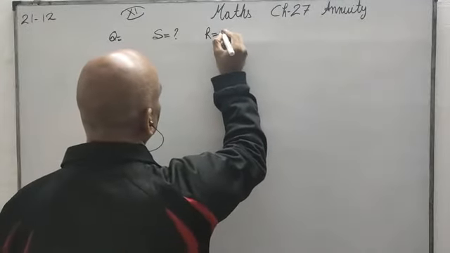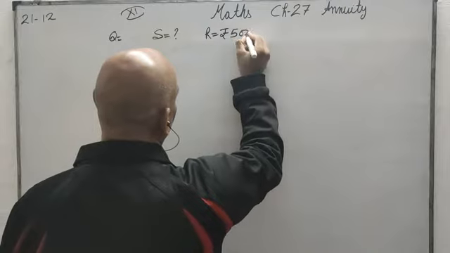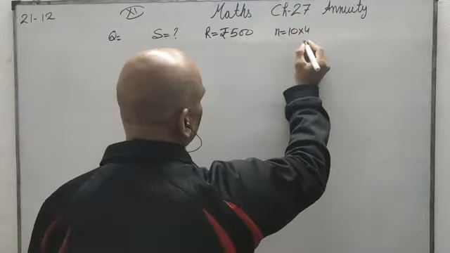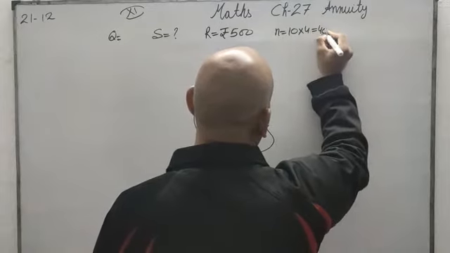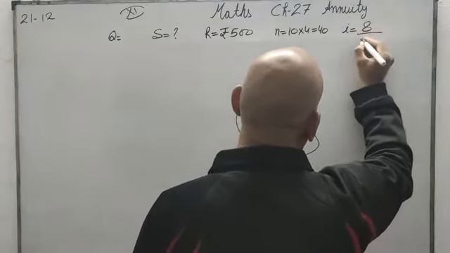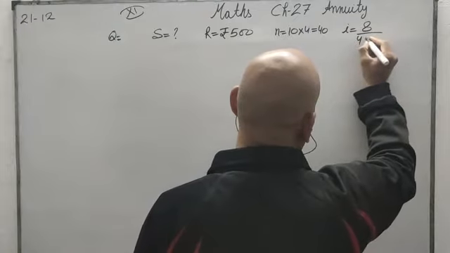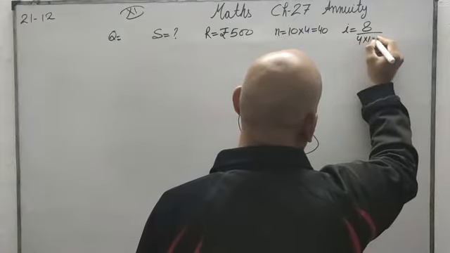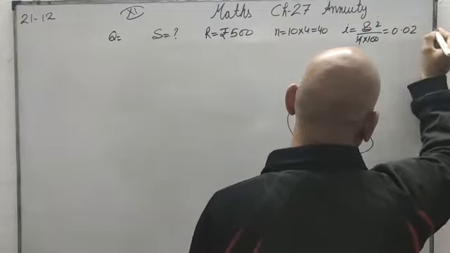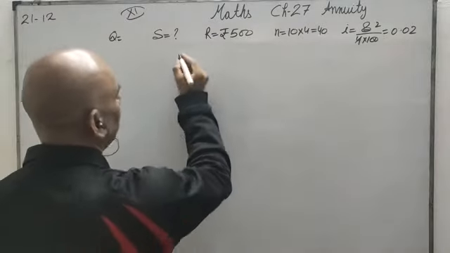R is rupees 500, N is 10 years and quarterly, so in 10 years there will be 40 quarters, and the rate is 8%, but since it is quarterly, it will be divided by 4, so 8 by 4 is 2%, that is 0.02. And now apply the formula.